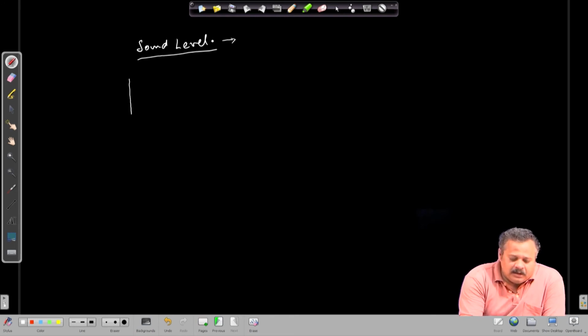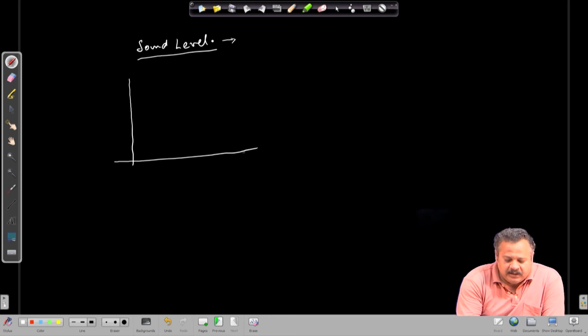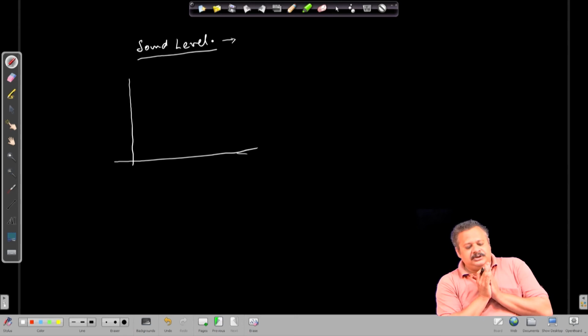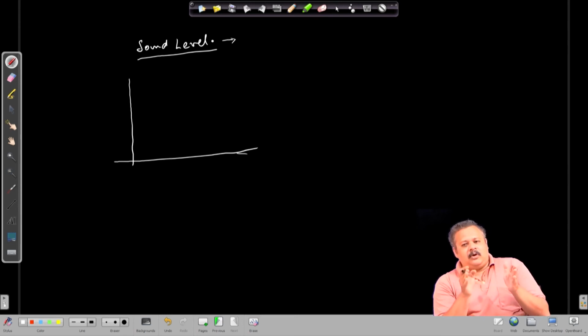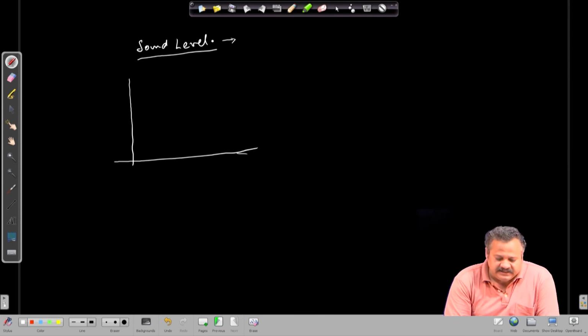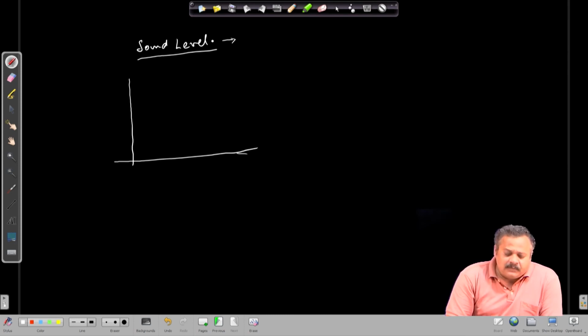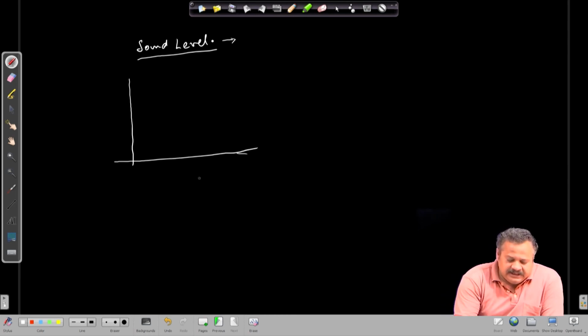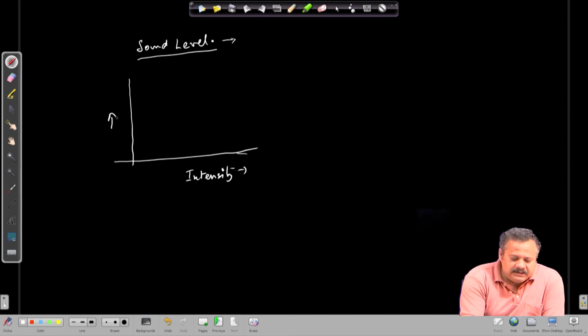So, you may remember that, let us say we have a neuron which is responding to a broadband noise of a certain intensity, and that intensity is gradually changed or increased. Then what we will see, let us say this is intensity, and this is the rate response from the neuron.